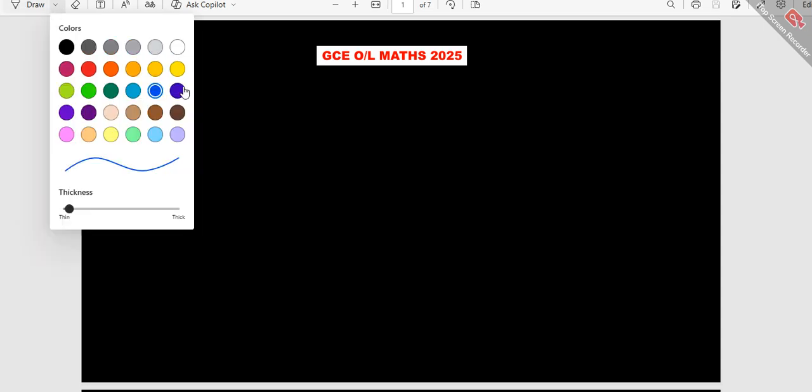R is 40 km east of P. So let our P be here. R is 40 km east. If you use this as the reference frame, this is north, this is east, this is south, and this is west.